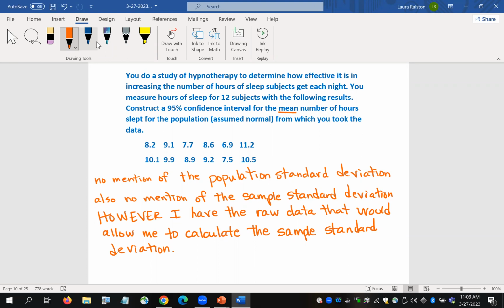But whenever you have the raw data, we learned back in module 1, when I have a list of data, I can calculate things like the sample mean, the sample standard deviation, the sample median, the range, the quartiles. I can calculate those statistics. So I have the raw data that's going to allow me to calculate the sample standard deviation.